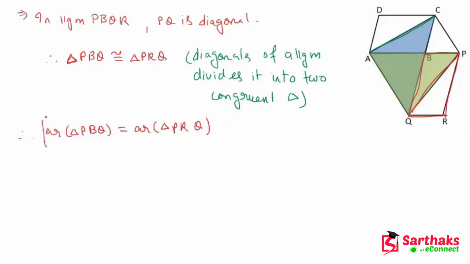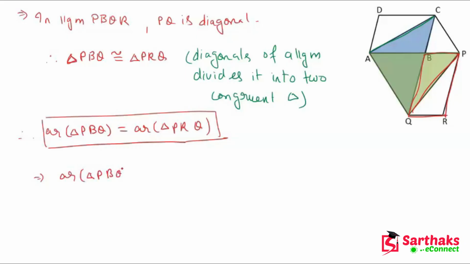We know that the areas of congruent triangles are equal. So again area of triangle PBQ is equal to area of triangle PRQ, which is also equal to half of the area of parallelogram PBQR. This is equation number 3.